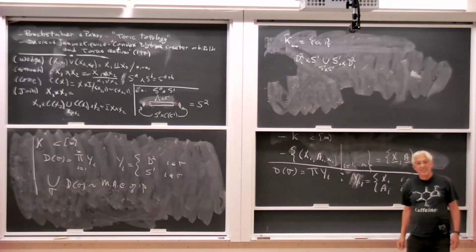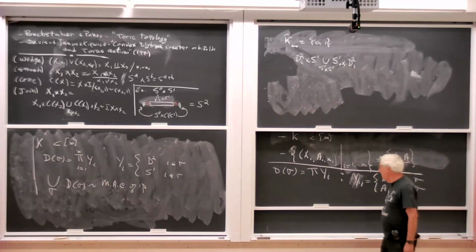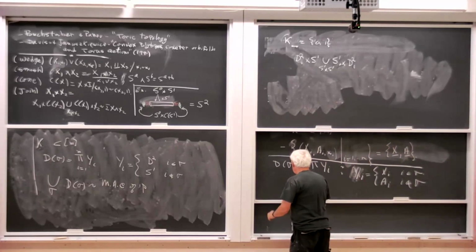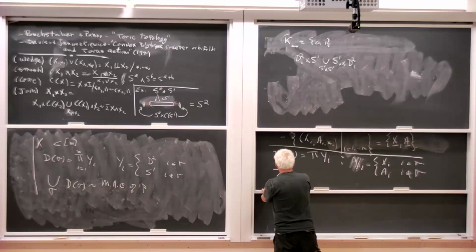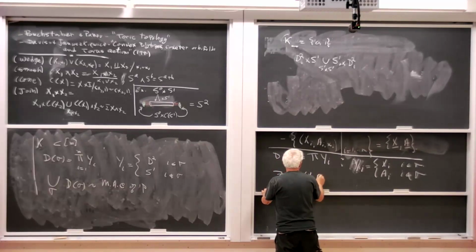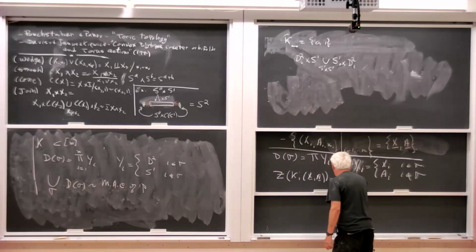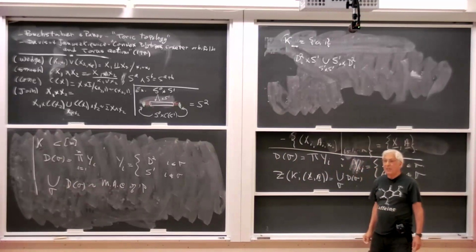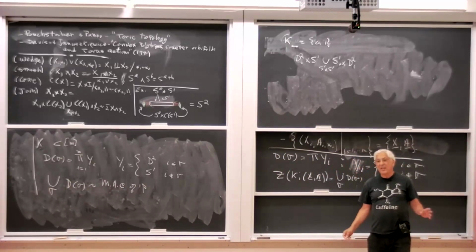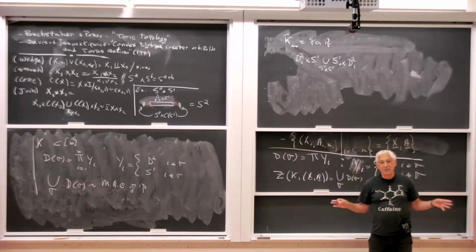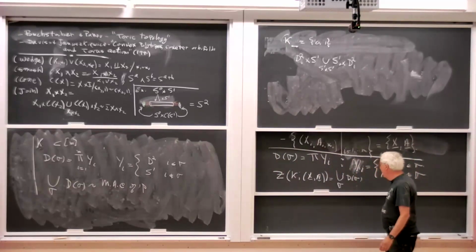And guess what? The polyhedral product, now I'm going to use this notation for the moment, is the union over all sigma of D sigma, and given that it's CW pairs, I don't have to worry about some technical issues about taking limits and so on.